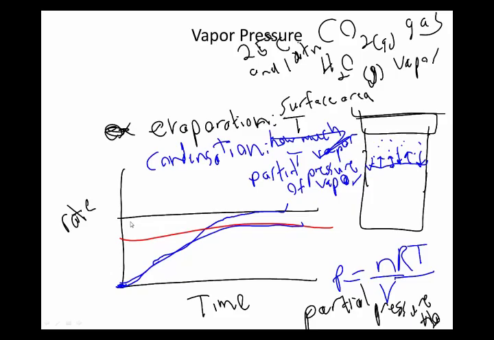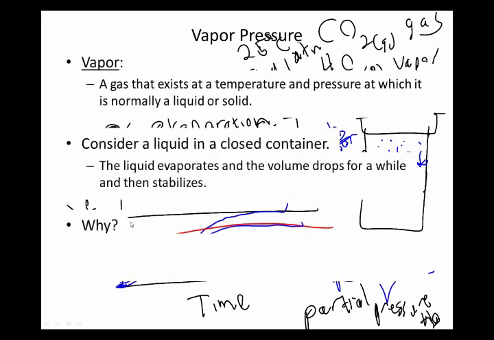So greater attraction of particles makes evaporation slower. Particles that stick together more don't evaporate as quickly. So that's a general thing. Because they don't evaporate as quickly, the amount of vapor required to reach equilibrium is less. So their vapor pressure is lower.